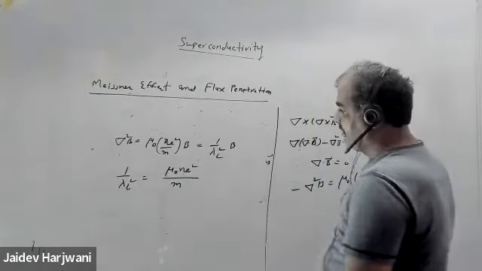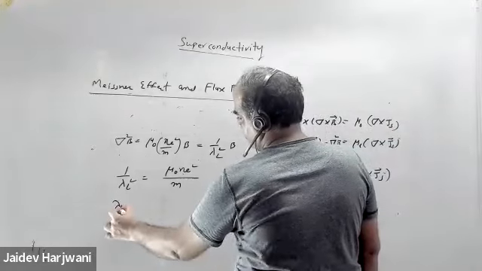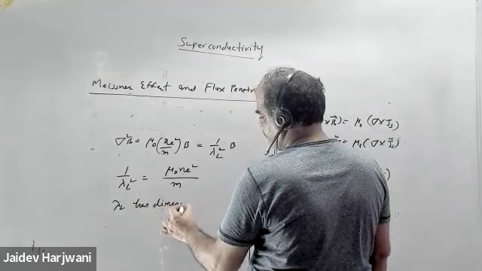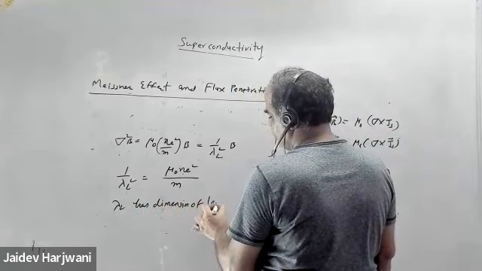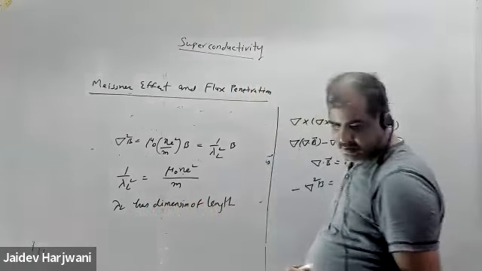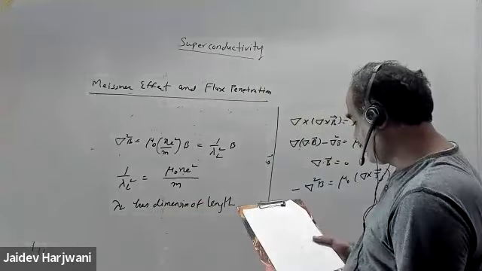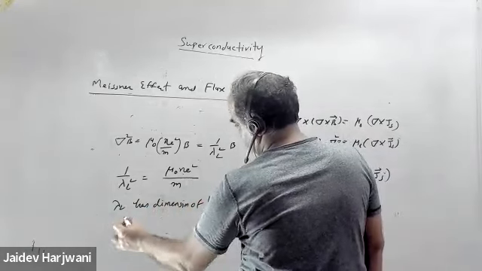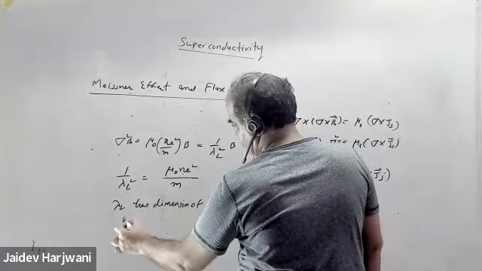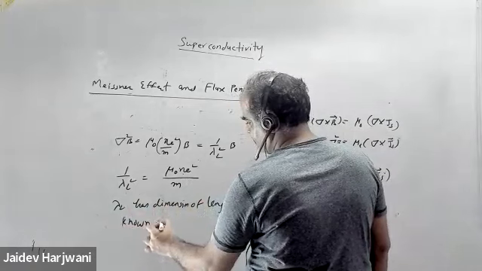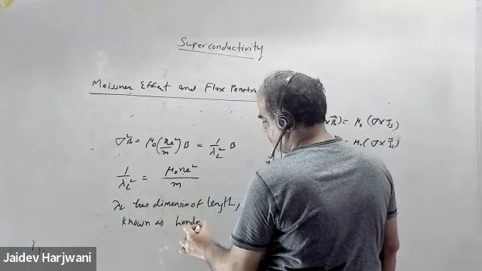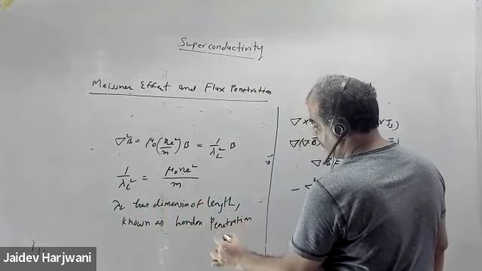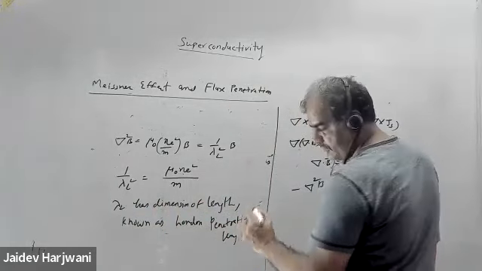Here lambda L has the dimension of length, and it is known as the London penetration length.